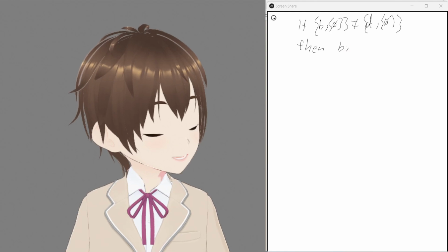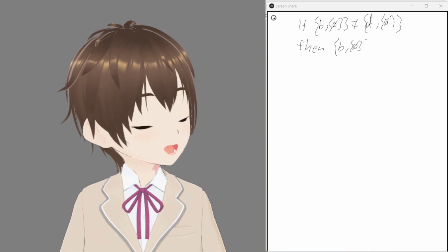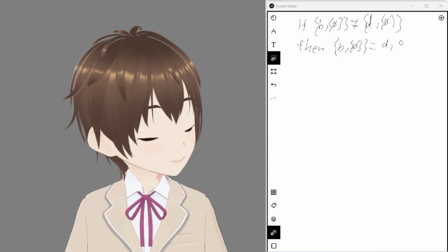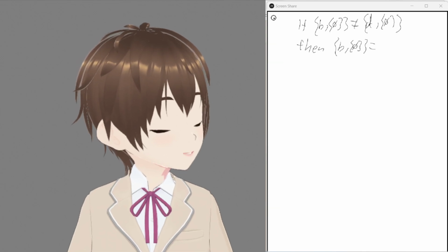So B, the set containing the empty set, is equal to D, is equal to the other thing, which is C, just the empty set.